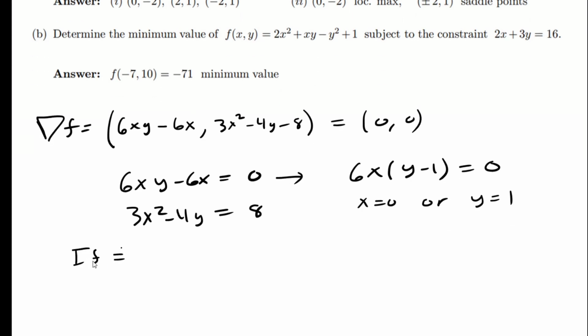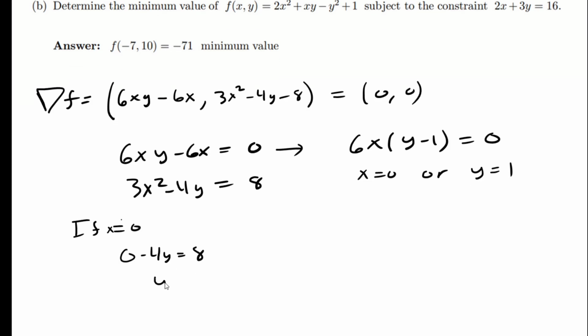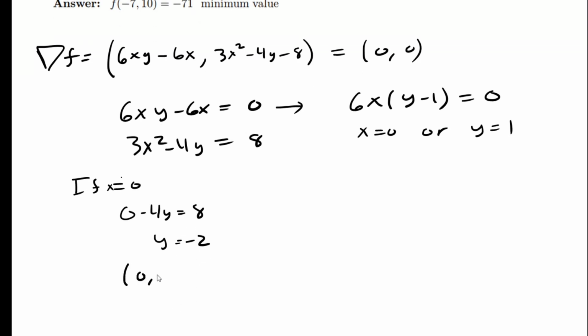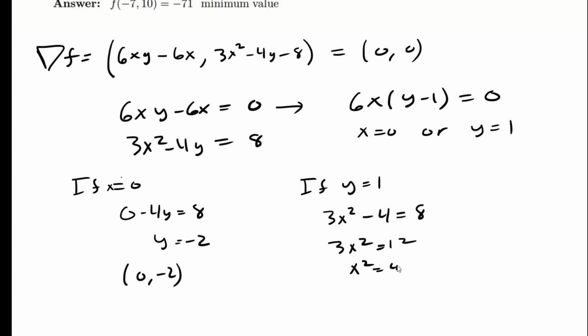If x equals 0, what do I have? I use the second one, and I have 0 minus 4y equals 8. y equals minus 2, which gives me the point (0, -2). If y equals 1, plug that into the second one, I have 3x squared minus 4 equals 8. 3x squared equals 12. x squared equals 4. x equals plus or minus 2.